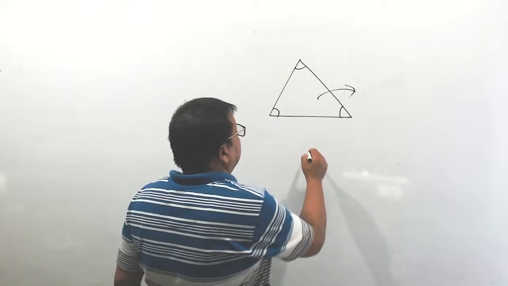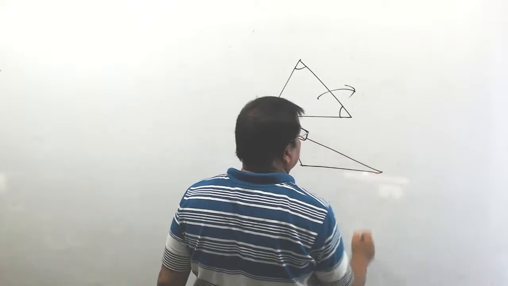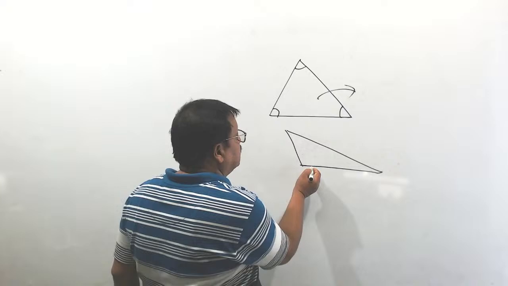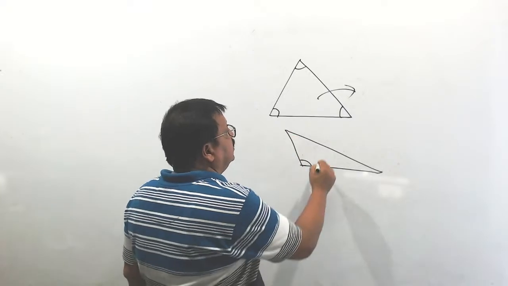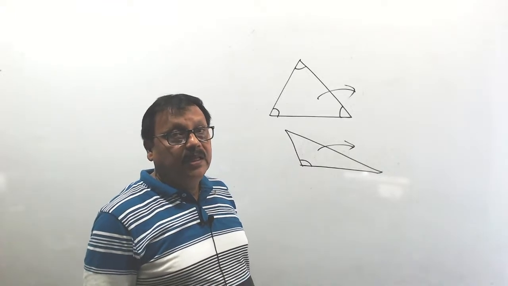If in a triangle one angle is more than 90 and less than 180, that means obtuse, here this angle, then this triangle is called an obtuse angle triangle, right?